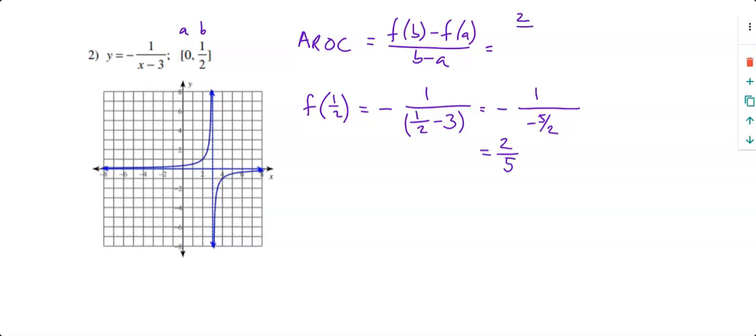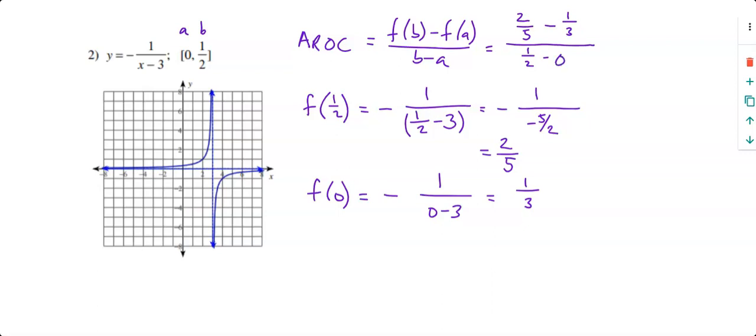So f of b is equal to 2/5. Now we find f of a, which is f of 0. And that equals negative 1 over 0 minus 3. And that's 1/3. So we have 2/5 minus 1/3 divided by 1/2 minus 0.